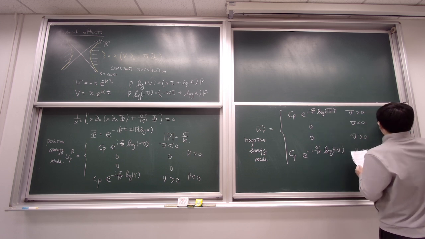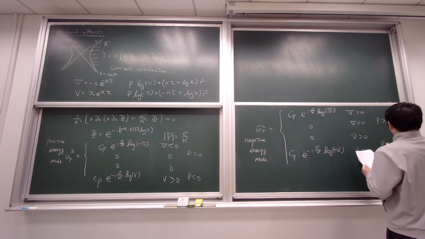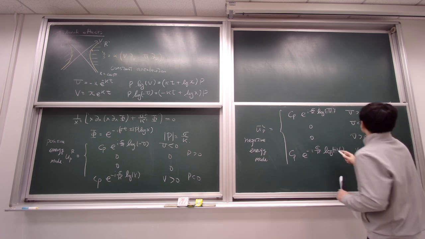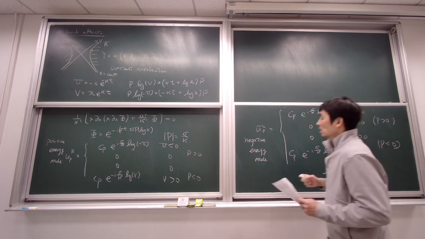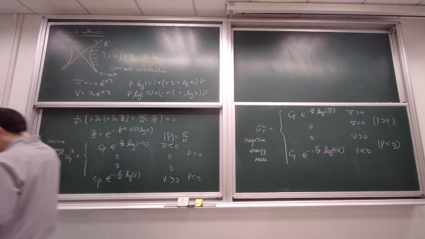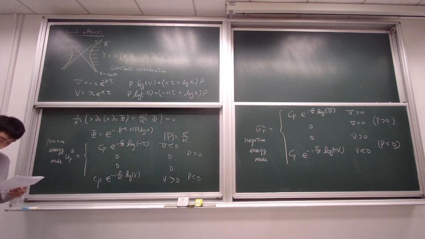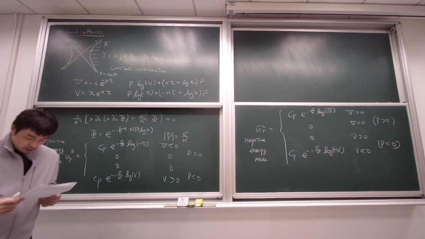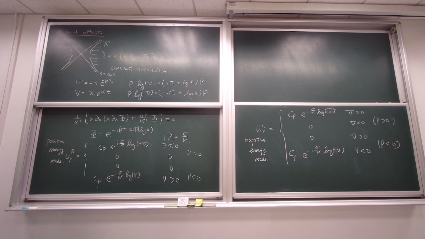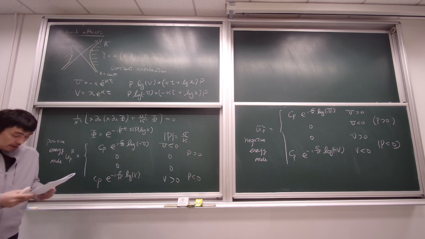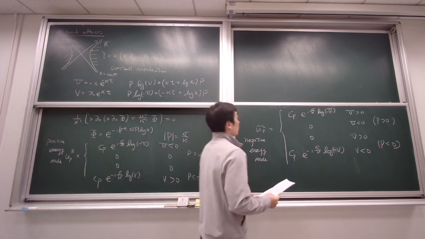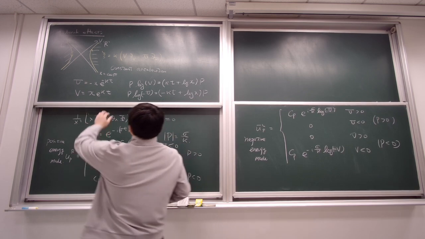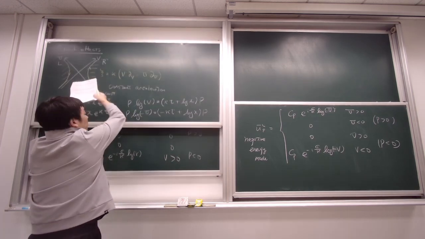In this case p is greater than 0, p is less than 0. So that's the mode that satisfies the Klein-Gordon equation. Fine, so that's what we saw. So this is a mode from the right Rindler wedge and left Rindler wedge.